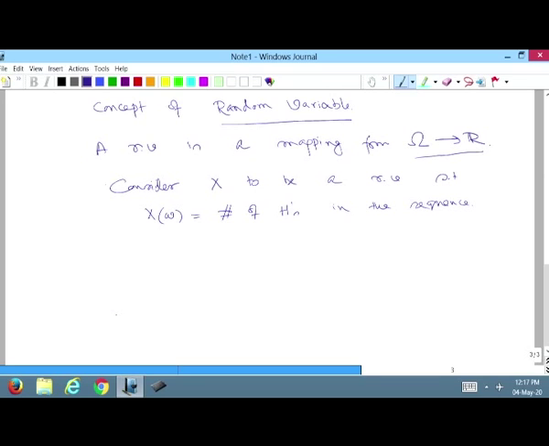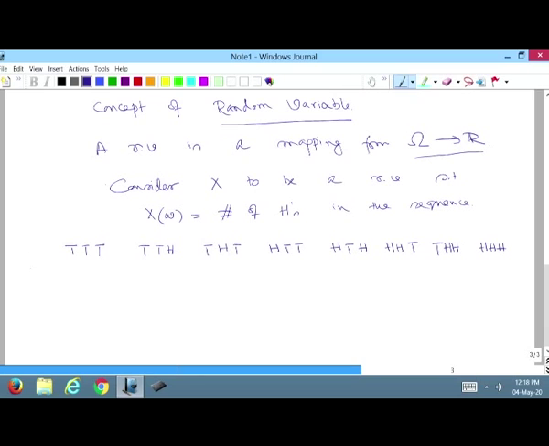Therefore, since we have these 8 sequences T, T, T, T, T, H, T, H, T, H, T, T, H, T, H, H, H, T, T, H, H, and H, H, H. So, these are my omegas.